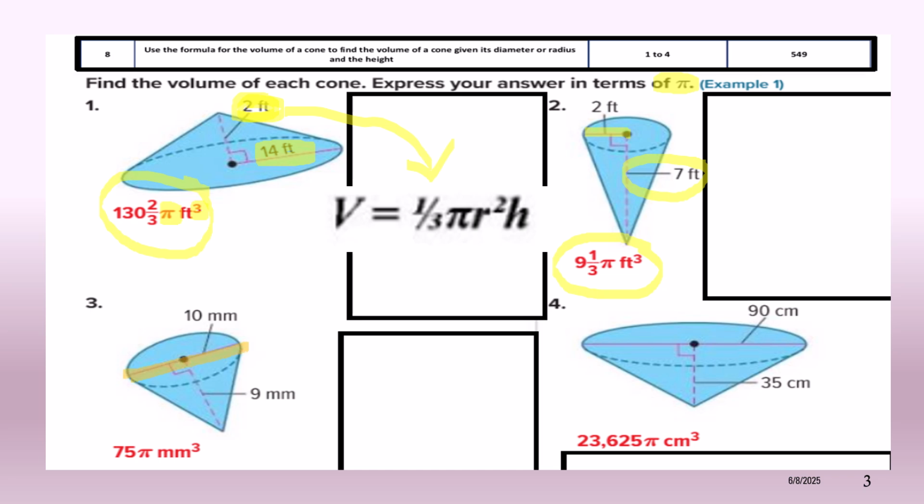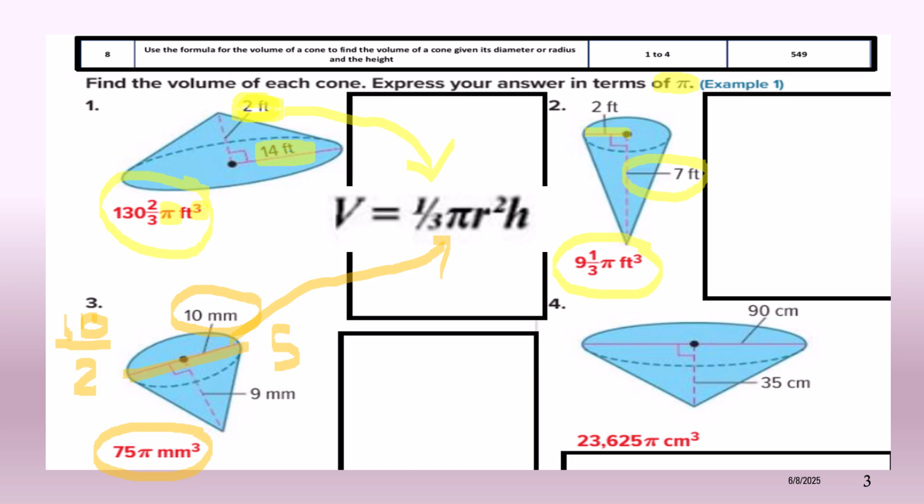Remember, as we worked in the previous video, diameter goes across, and in order to get the radius, you will say 10 divided by 2, and you would be able to get the answer of 5. So your radius will now be 5. Substitute that into the formula and your answer should be 75 pi millimeters cubed.